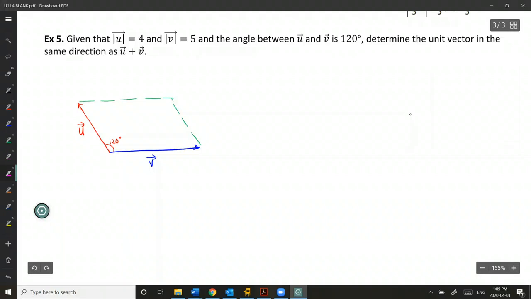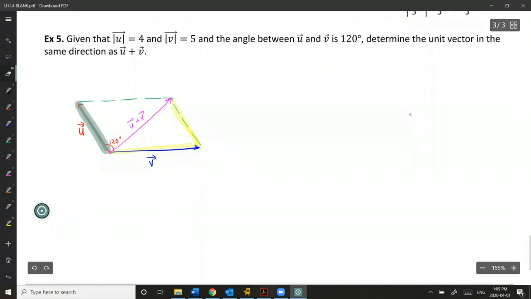And the vector that starts where their tails meet and ends at the opposite diagonal is the resultant of u plus v. We also mentioned in a previous lesson that when I have two parallel vectors, like this is u on one side and vector u on the other side, they form a C pattern and the interior angles add to 180.